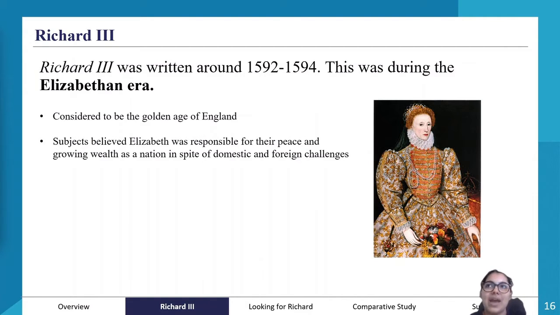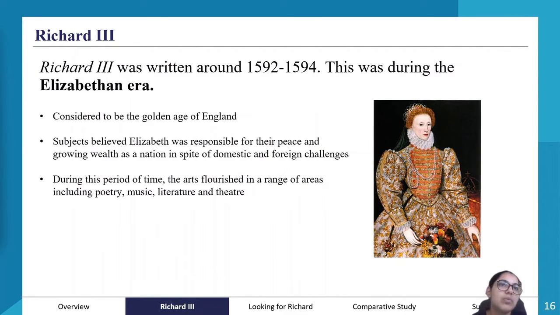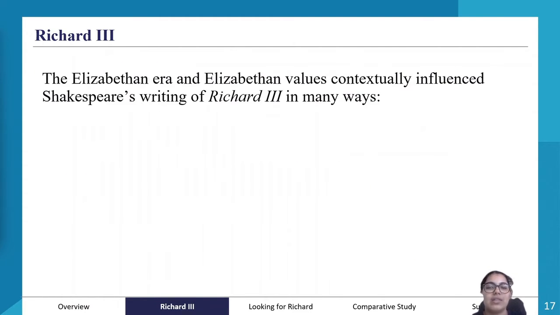They were expanding, visiting other nations, conquering other nations, and it was just considered a good time for them. Art was blossoming. Obviously, we had Shakespeare. We also had other writers and artists at the time, and the arts were flourishing, including poetry, music, literature, and theatre.